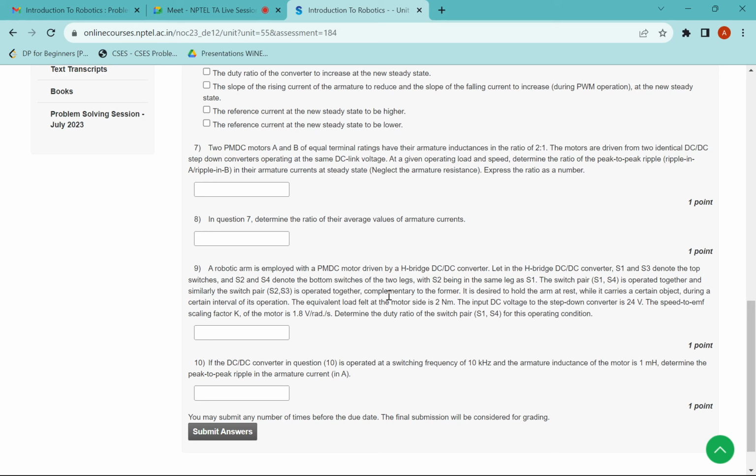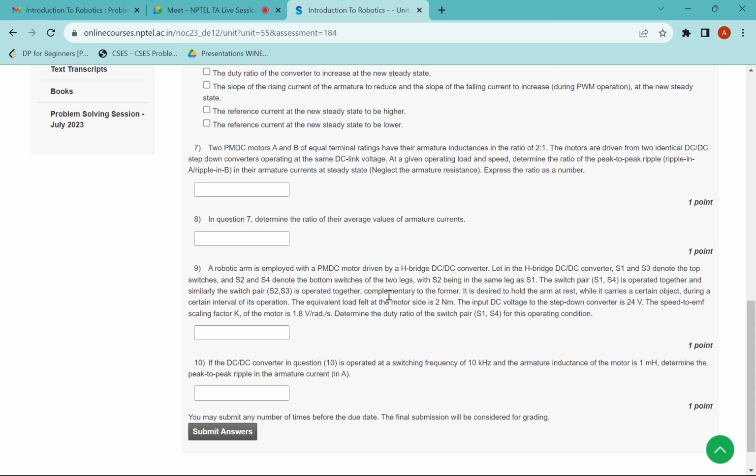But again, about the average voltage: the average voltage is EB plus IA RA. There is no RA given. Let's say I neglect RA; in some cases we can neglect the armature resistance. But again there is no omega given, and you need omega to find EB also. So maybe this question is incomplete, with insufficient data.